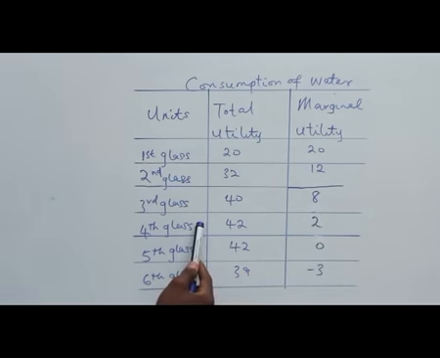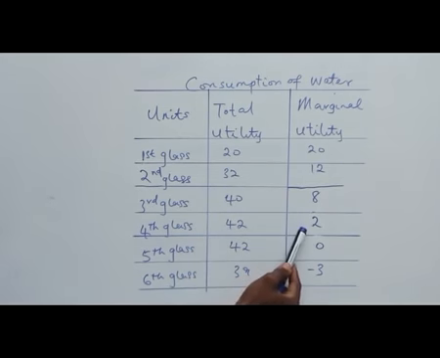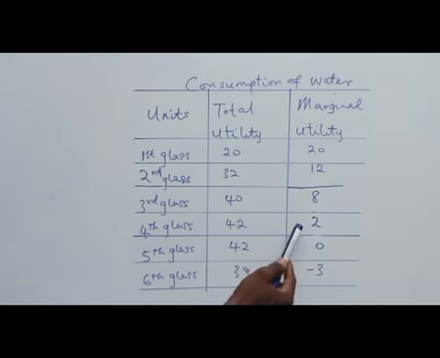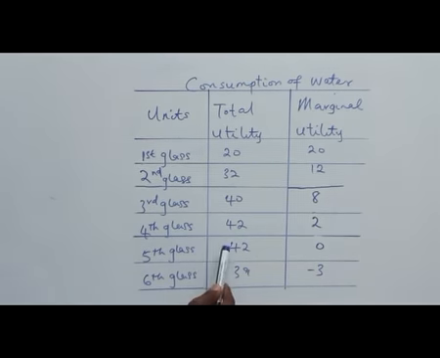Now, the person further in the consumption of water, the fourth glass gives 42 in terms of total utility. The change between the third glass and the fourth glass happens to be 2. That is, the satisfaction the person derived between the third and the fourth glass of water is just 2. Now, the person furthers his consumption, asking for the 5th glass of water, where the total utility is just 42.